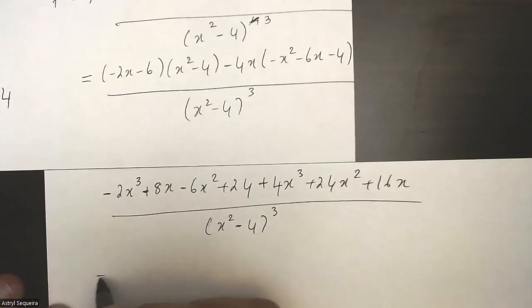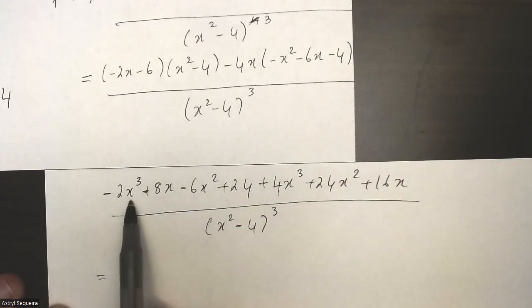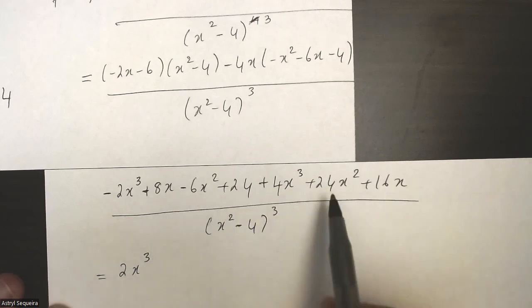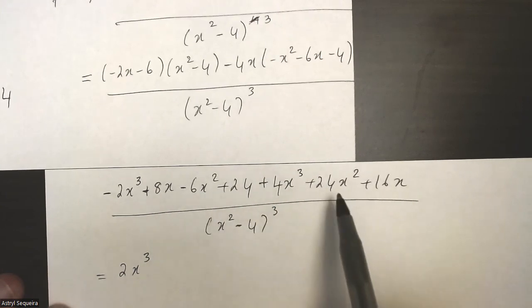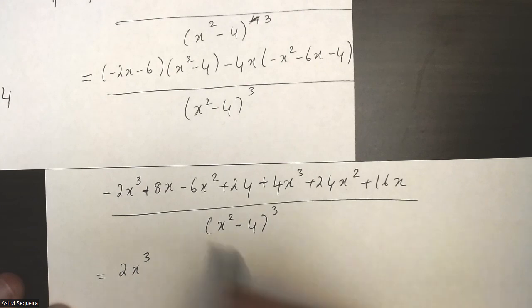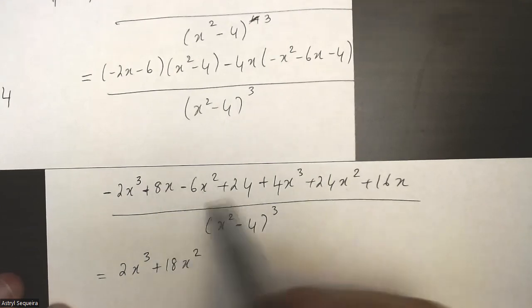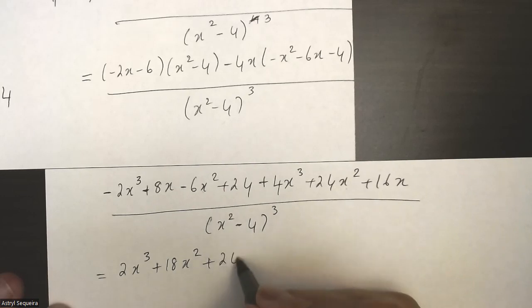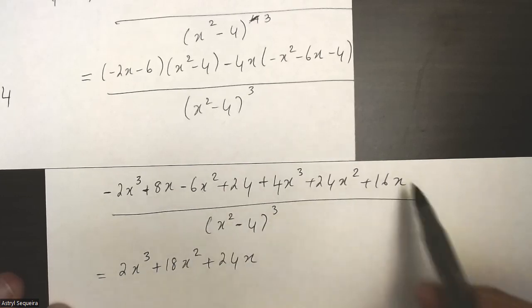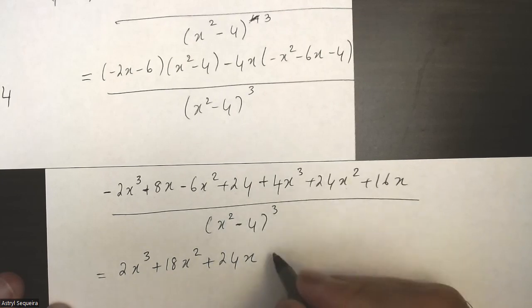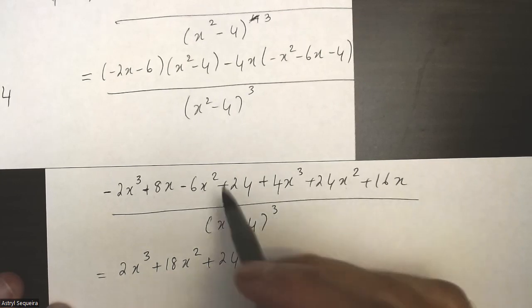Now we can combine like terms over here. So that's just 2x cubed, negative 6x plus 18x squared plus 24x, oh no, plus 10x.